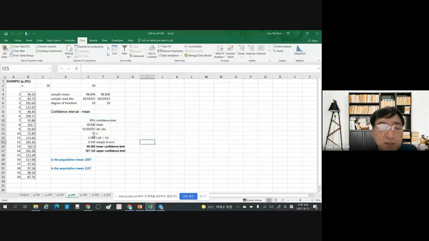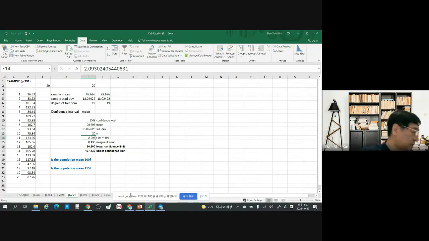So the t value is 2.093. So we need to look at the table. Our textbook does not have a page number in the appendix.